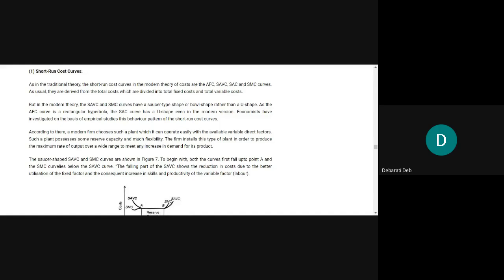Alright, so as in the traditional theory, the short run curves in the modern theory of costs are the average fixed cost, short run average variable cost, short run average cost, and short run marginal cost curve. So similar to the traditional theory, in modern theory also we will have four different types of costs.